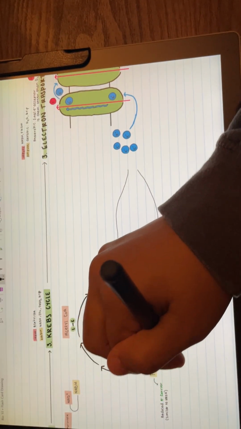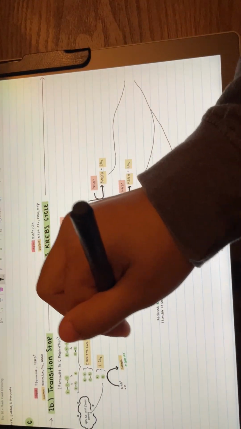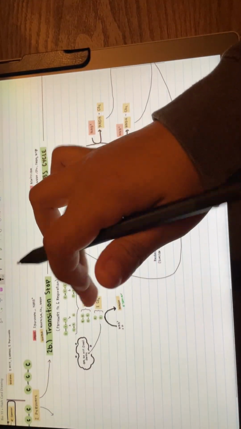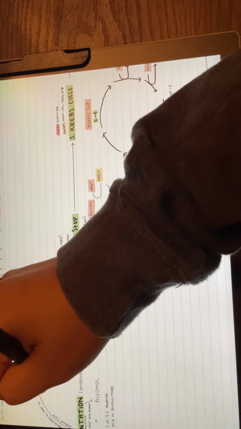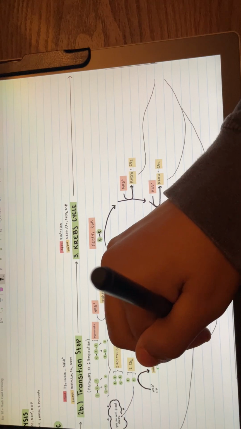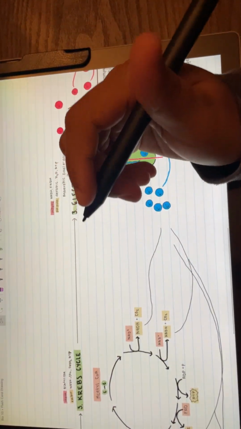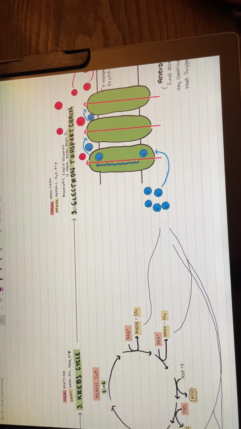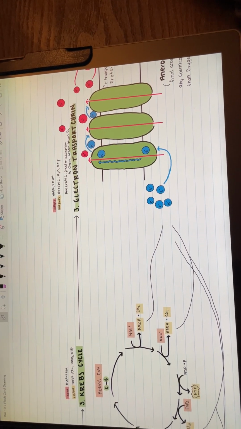And we will actually also use what we developed in the transition step here, as well as glycolysis. So we can see how all of these steps work together in order to combine into the next step, which is the electron transport chain, also known as oxidative phosphorylation.